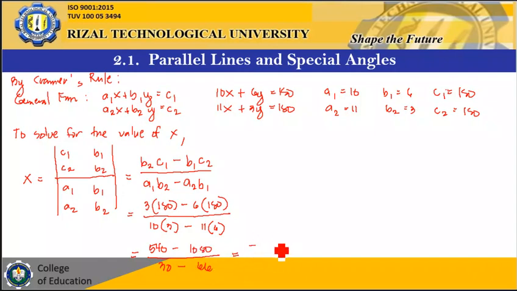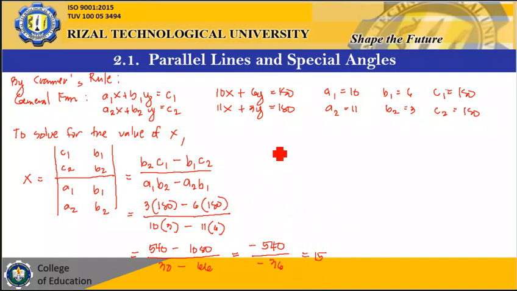This one is negative 540 divided by negative 36, which is 540 divided by 36 is 15. Okay, and we still get the same answer. That's the value of x.